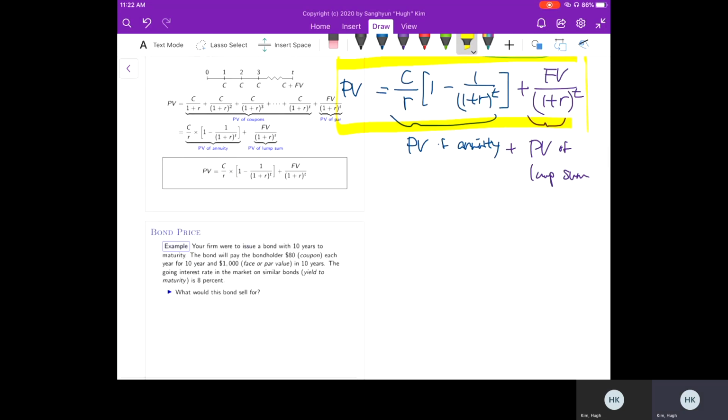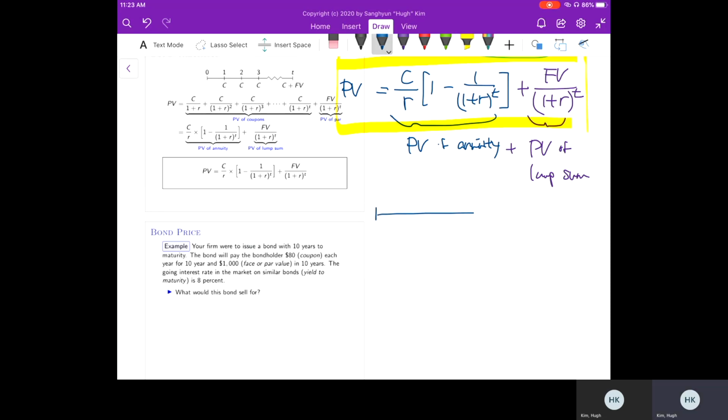So let's look at an example. Your firm would issue a bond with 10 years to maturity. The bond will pay the bondholder $80, which is the coupon, each year for 10 years, and $1,000, which is the face value, in 10 years.